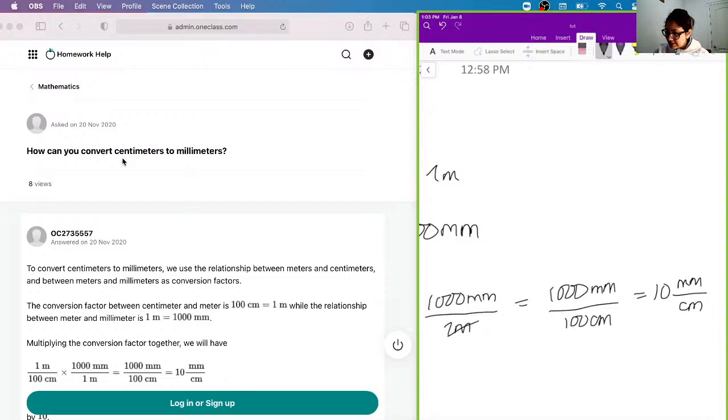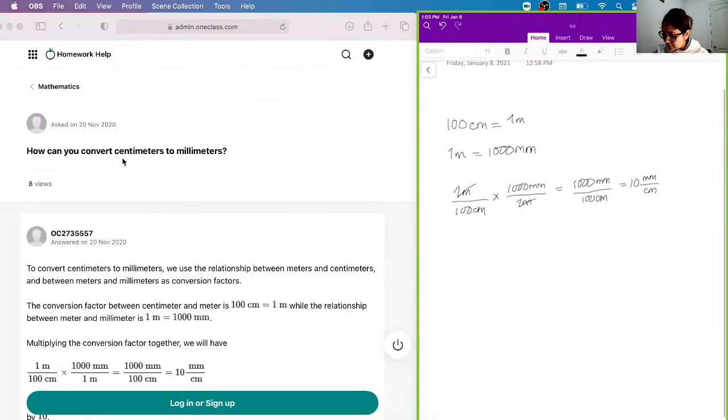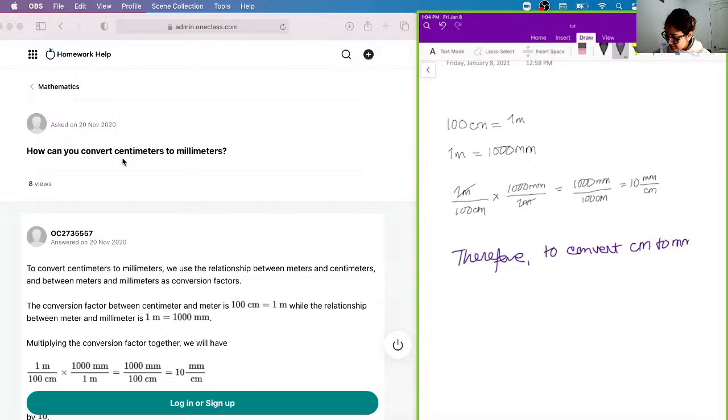Okay, so you have this as your answer, and therefore you can say that to convert centimeters to millimeters, we need to multiply the given centimeter measurement by 10.